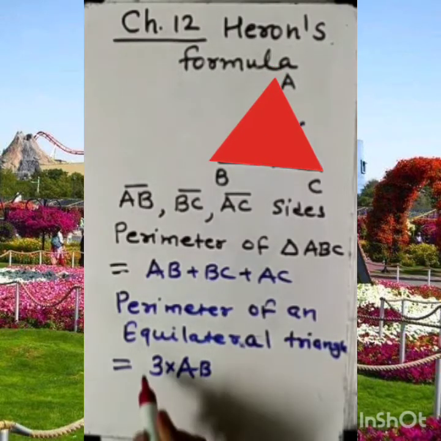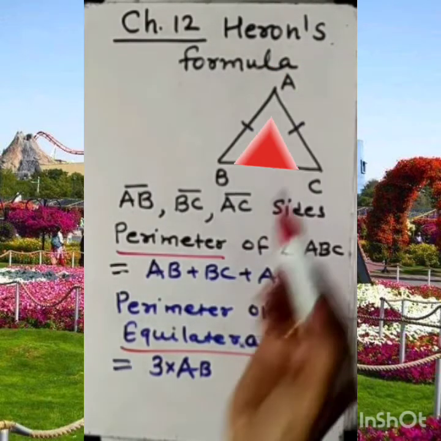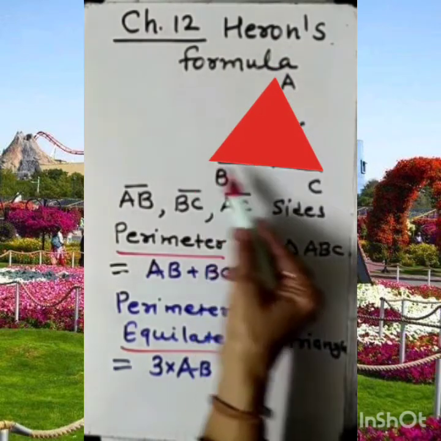Clear? This is called the perimeter. It means boundary, the sum of all three sides.